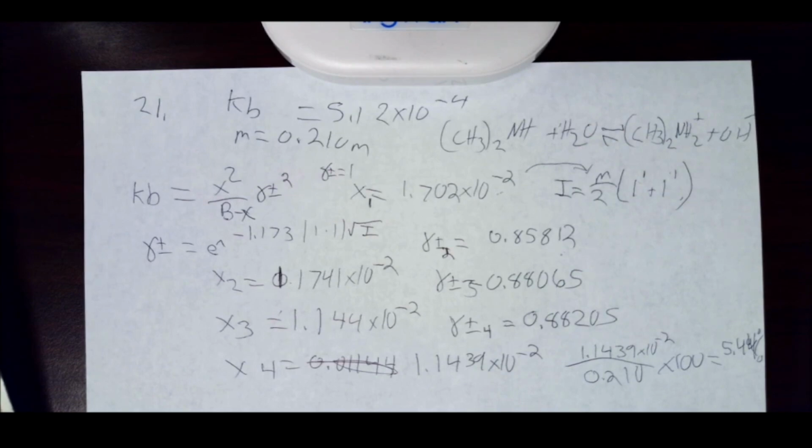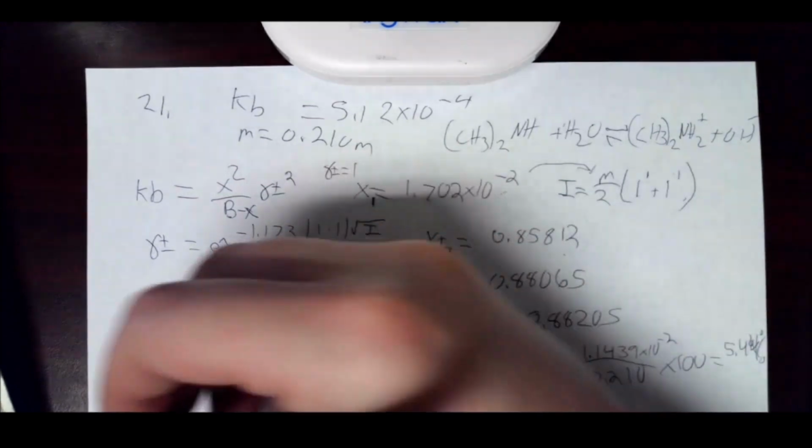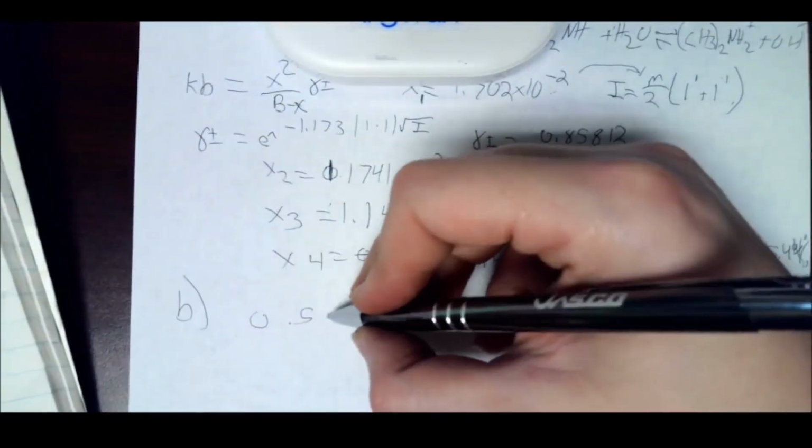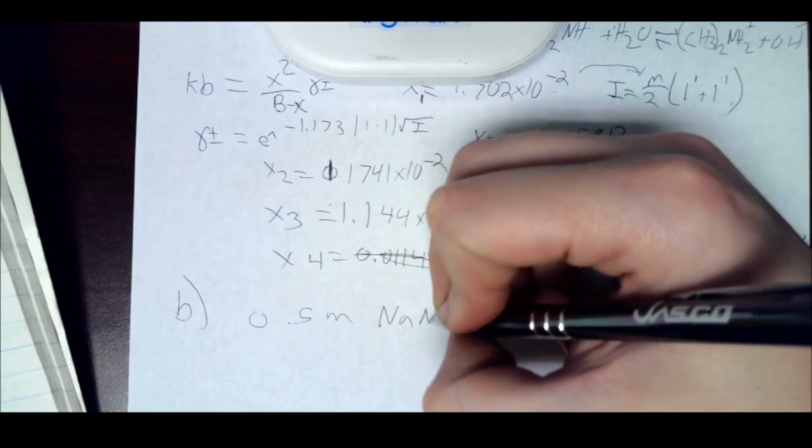5.44% dissociation. Now, part B wants you to consider what would happen if you had a big chunk of 0.5 molar sodium nitrate in there.